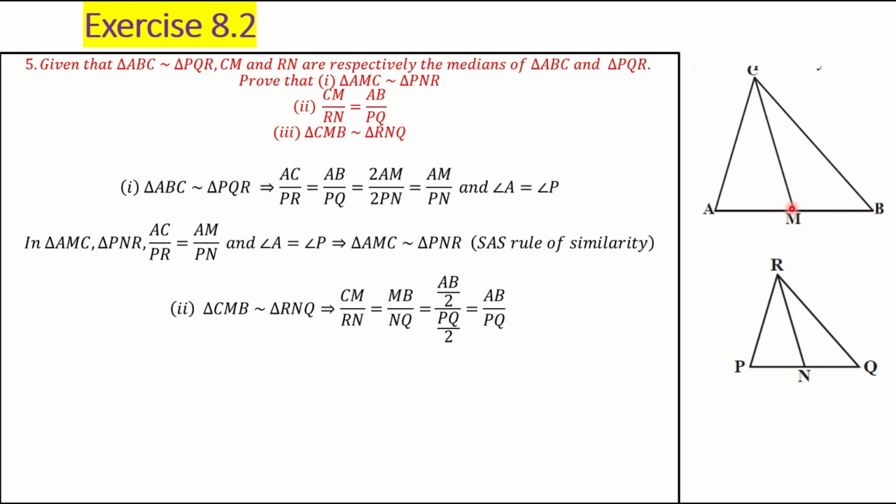Since CMB is similar to RNQ, similarly we can prove that they are similar triangles. So CM by RN equals MB by NQ.